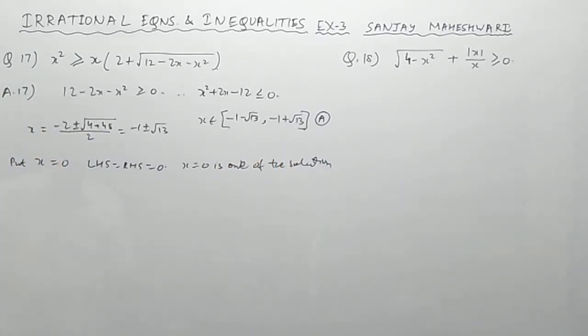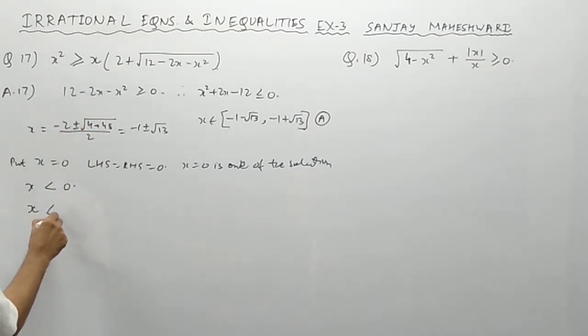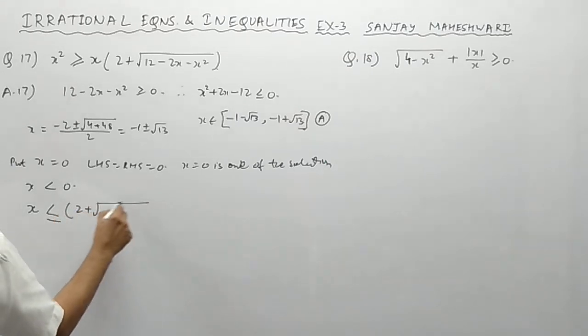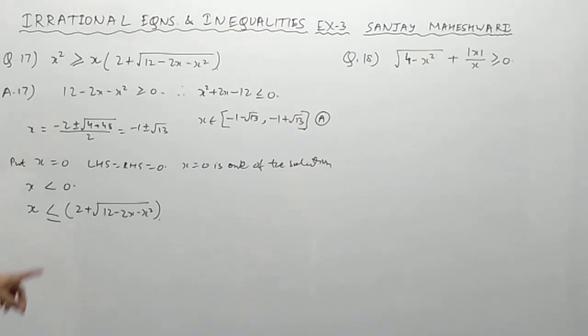So let us start with x less than 0. What will happen? If x is less than 0, that is negative, so here you can cancel out x and change the sign. So you can see here that x is less than 0, this is negative, and this is the sum of two positive quantities, so this is positive.